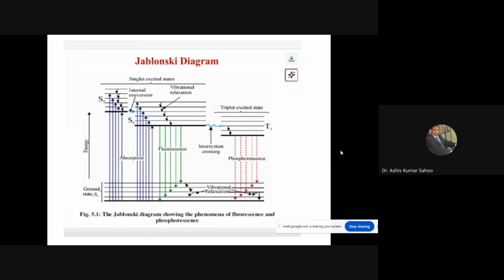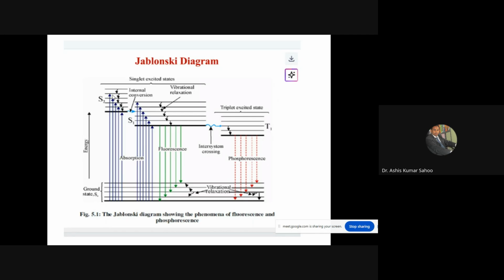So you can see this is a Jablonski diagram. When a molecule is excited in the presence of light, this is the ground state, and these are the first singlet state and the second singlet state. When a molecule is excited, the electron can go to the triplet state.